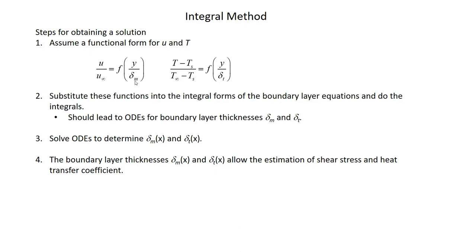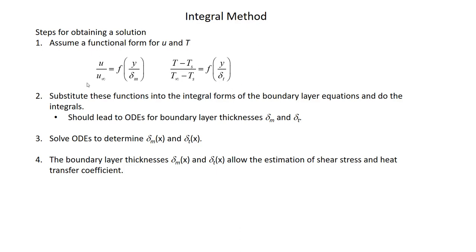And you can go everywhere from very simple, where you assume u is just a linear function of y, which isn't very good, and you'll get an answer that's not very accurate. Or you can go to something a lot more sophisticated, where you have a third order polynomial or something like that, where you've got all the right curvature and you can make it do more realistic things, right? So this is what makes these things only approximate, is that you're making these assumptions for these functional forms.